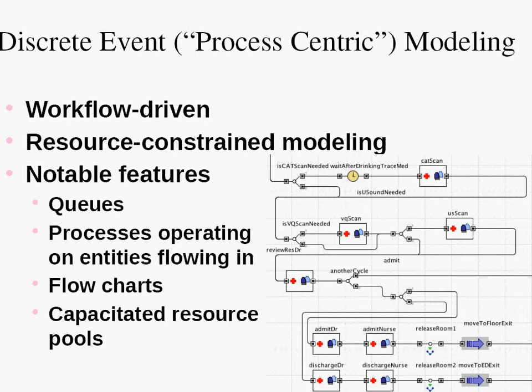And when resources are not available, people queue up for that resource automatically within the discrete event model. So they're very well adapted to representing the impact of resource shortages and the flow of individuals through the system.